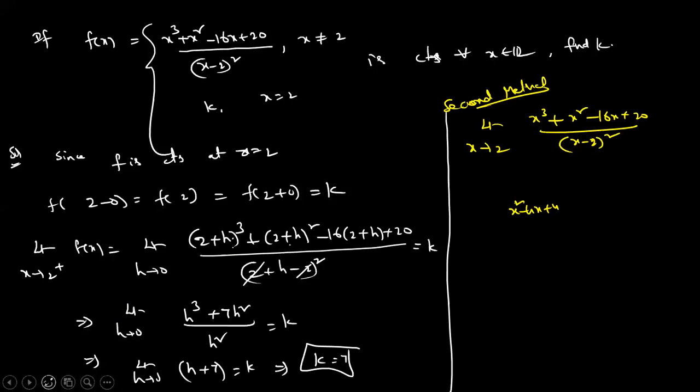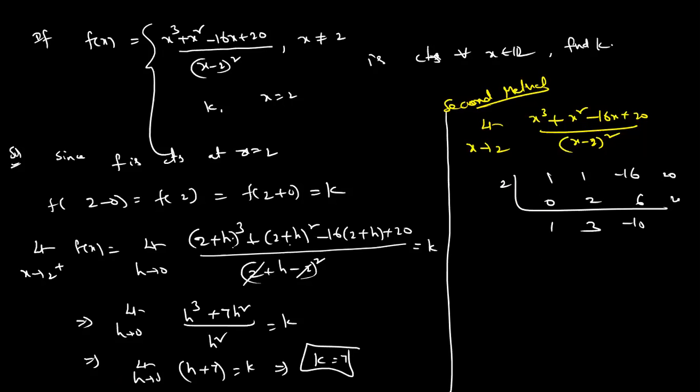Directly, the synthetic division method is there now, a shortcut method. Already 2 is a root here. Take 1, 1, minus 16, 20, then 0, 3, minus 10, 20. So x minus 2 into x square plus 3x minus 4.